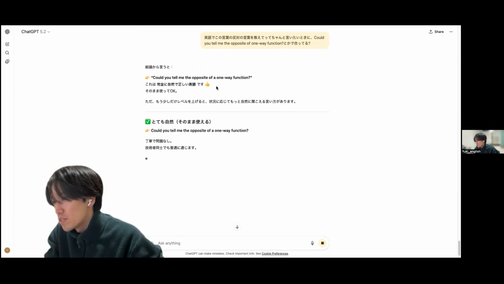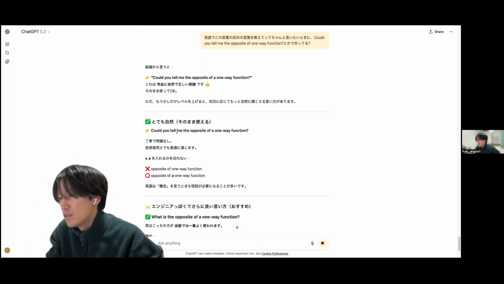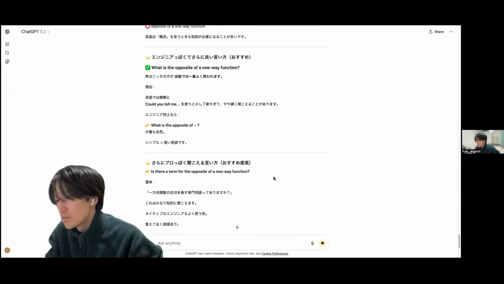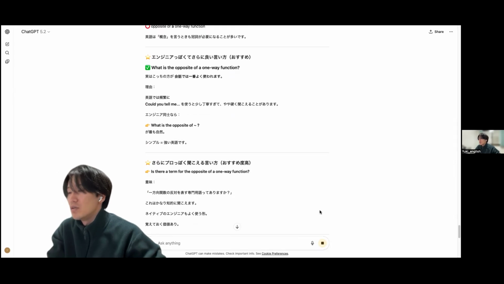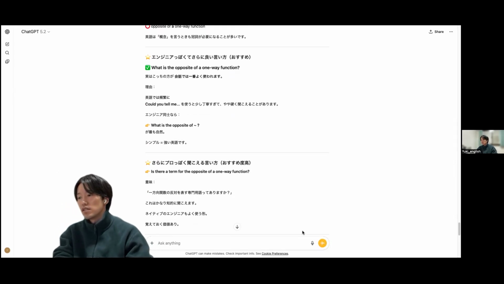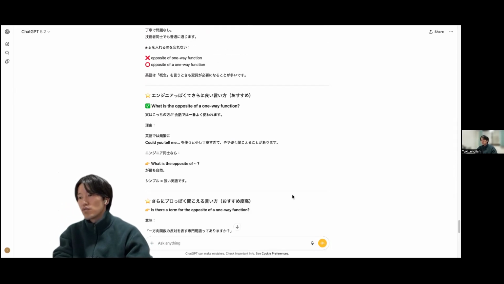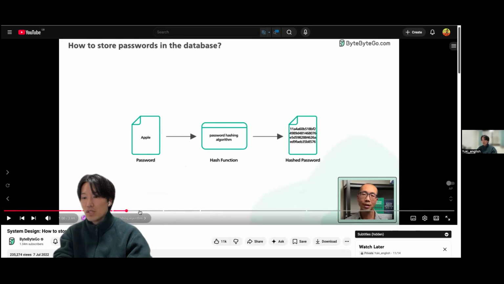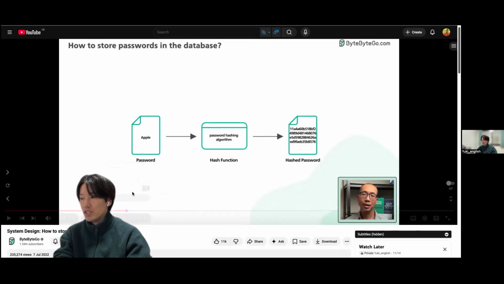Could you tell me the opposite of a one-way function? This is completely natural and correct. What is the opposite of a one-way function? Oh, finish, time's up. Only one minute mark.